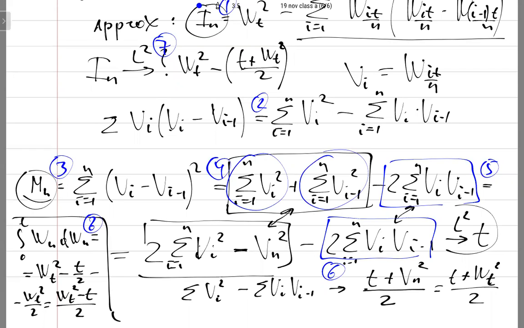The difference between the two is just the last squared W that is missing here. Wn squared is missing in the second sum of squares. And so I take two big sums and I subtract the one term that is missing, okay?